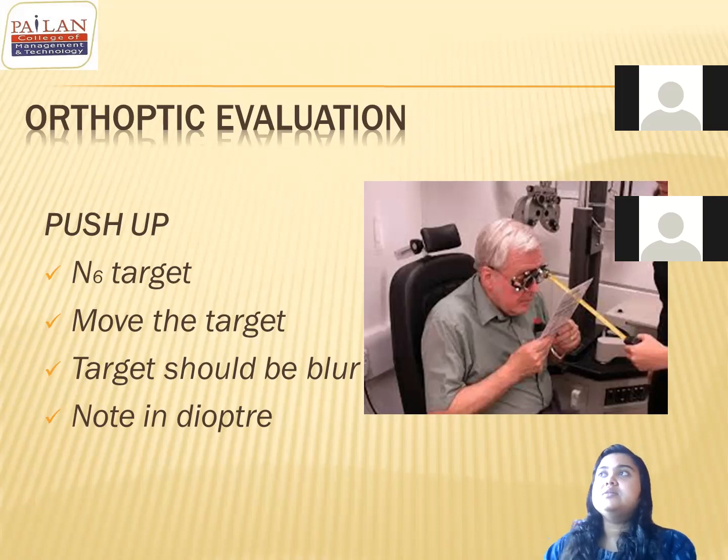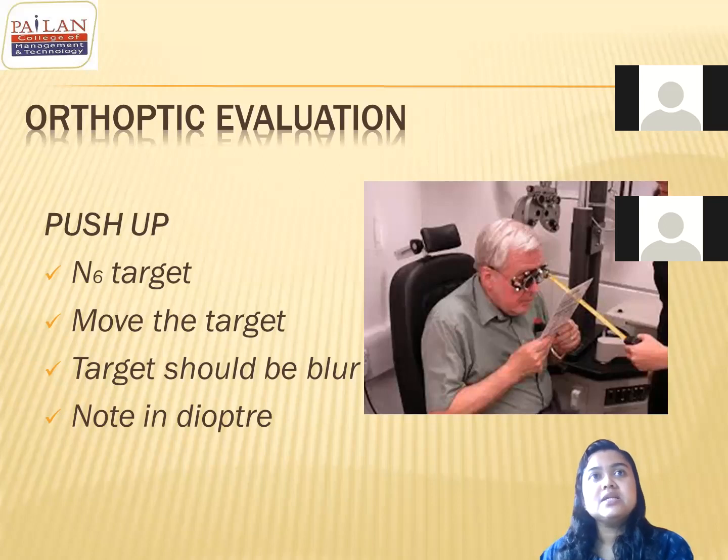Suppose the patient has an amplitude of accommodation of 3 diopters, measured with the RAF ruler, binocularly.